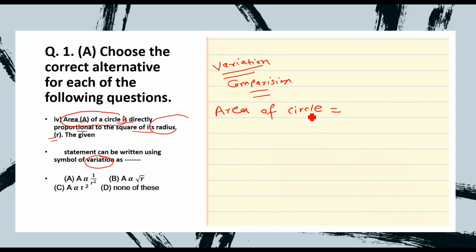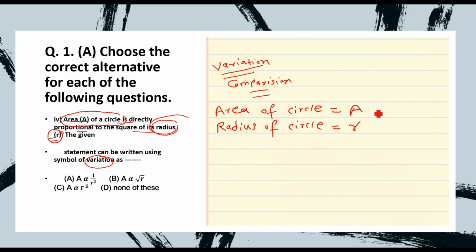So the area of a circle, I assume as A. The second quantity is the radius of the circle, as the letter shown in the question itself, so I'll denote it by R. So the area of a circle is A, the radius of a circle is R.